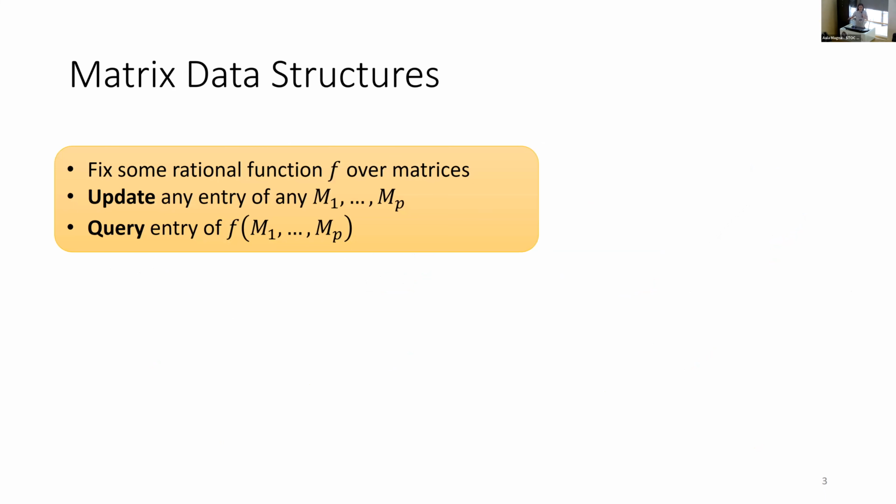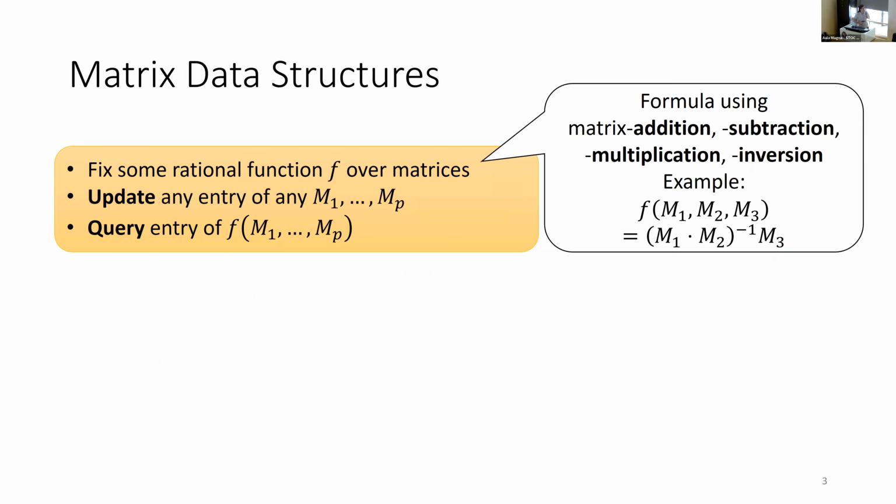So let me define in more detail what I mean by a matrix data structure. Here we want to fix some rational function f over the matrices. What I mean by that is basically anything you can write down using the basic matrix operations: multiplying matrices, adding, subtracting them, or inverting a matrix, all of that is allowed.